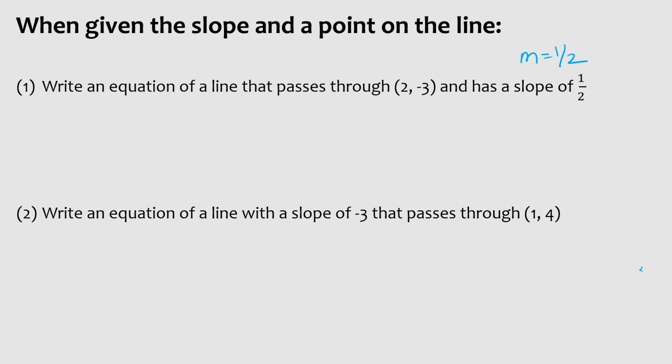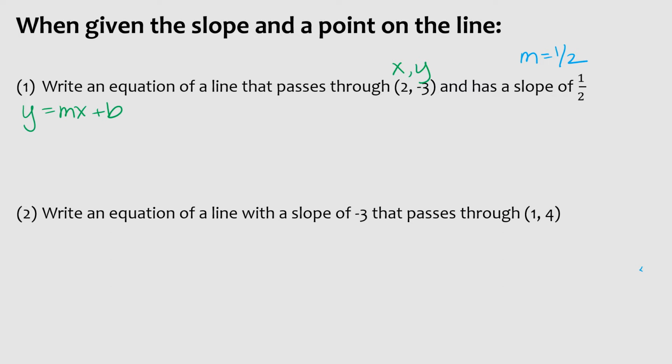So this point here, 2, -3, is just a point that's on the line. That means this is my x and this is my y, and those are two things that exist on the line. As long as I have this point and the slope, I can use my slope-intercept equation to solve for b.